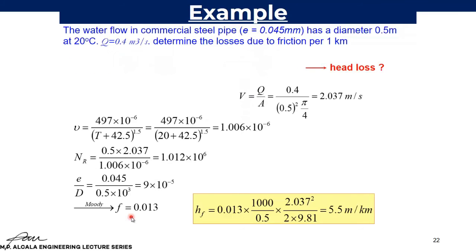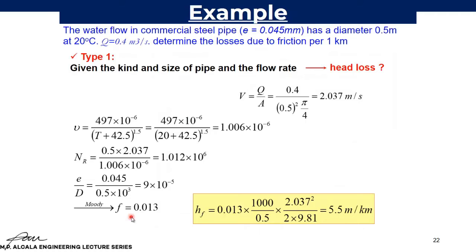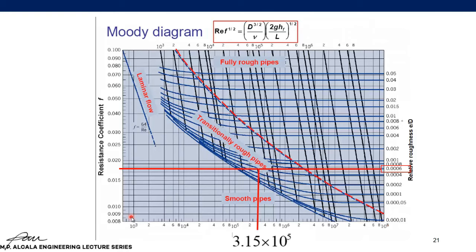At 9 times 10 to the negative 5, where's that? So about here. About here, class.